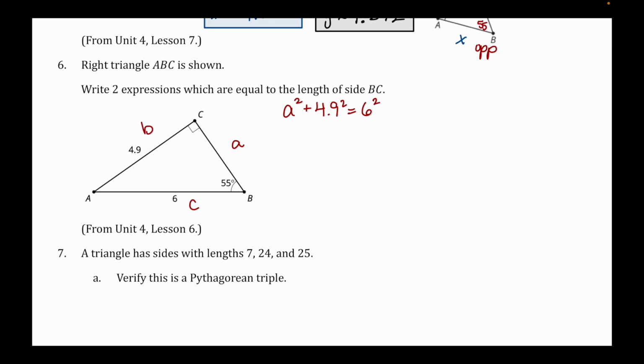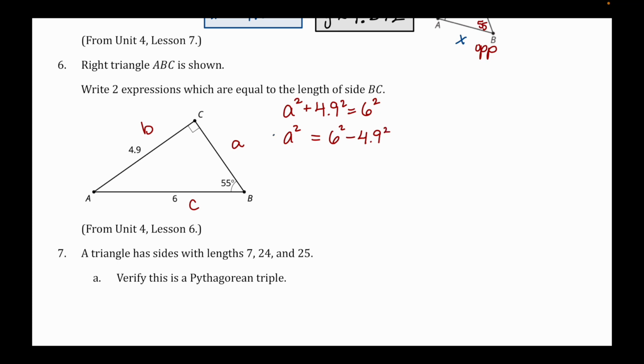And so I can multiply these things out to solve it. I'm actually just going to leave them in their formats here without squaring these pieces. So I'm going to say a squared, but I'm going to subtract 4.9 squared from both sides. So we'll end up with 6 squared minus 4.9 squared.